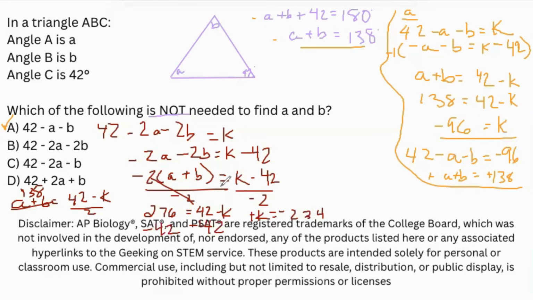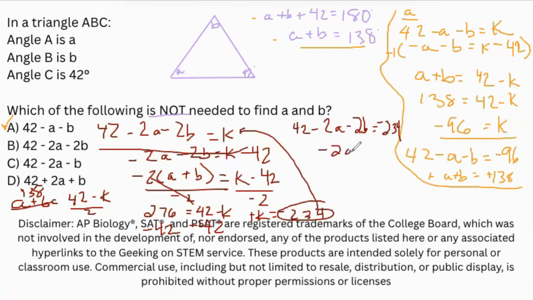And remember, my original equation was this. So I can plug that back into here. When I do so and I bring 42 over and divide, I will end up getting that it's equivalent to 138 if it's proper. So what I mean by that is I have 42 minus 2a minus 2b equals negative 234.